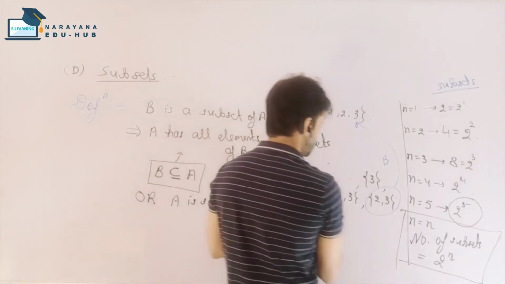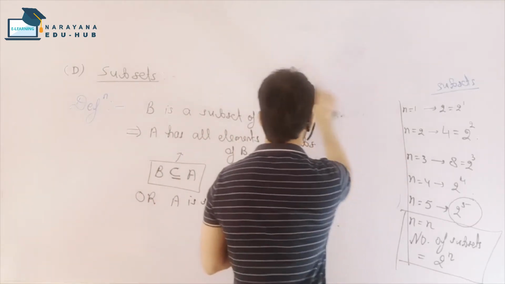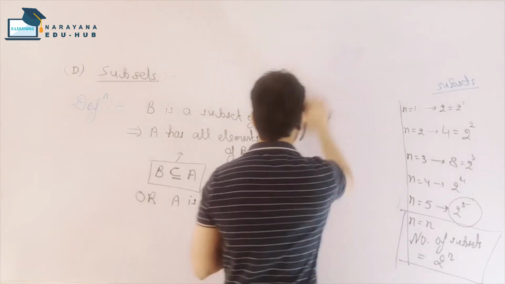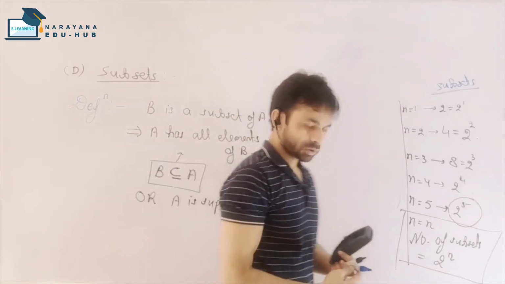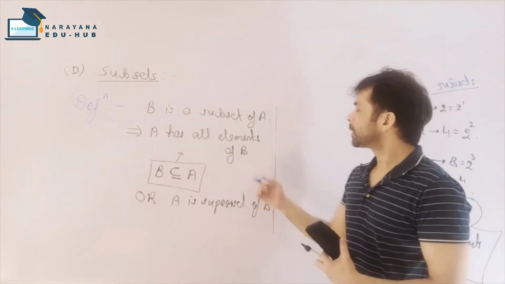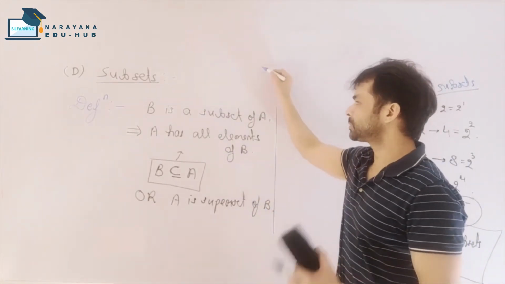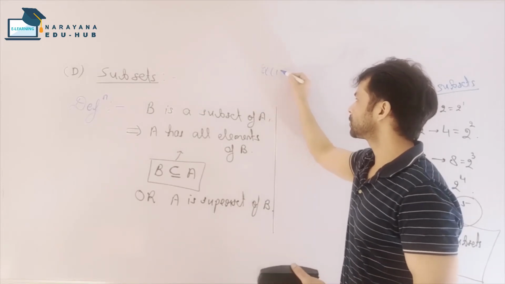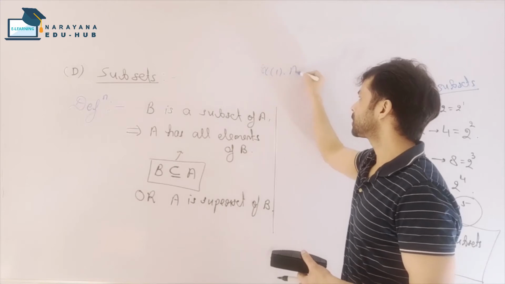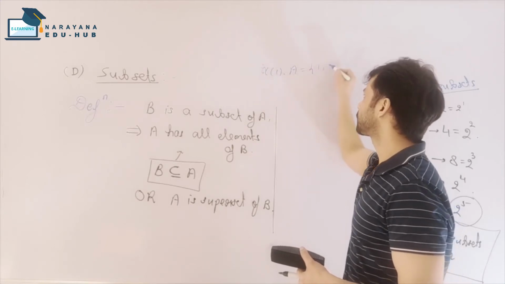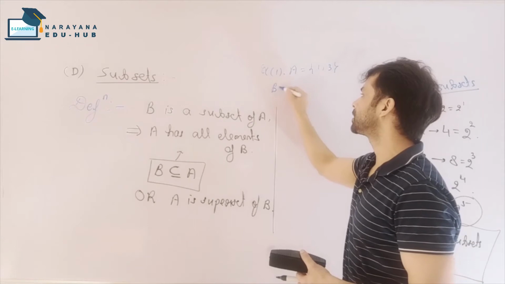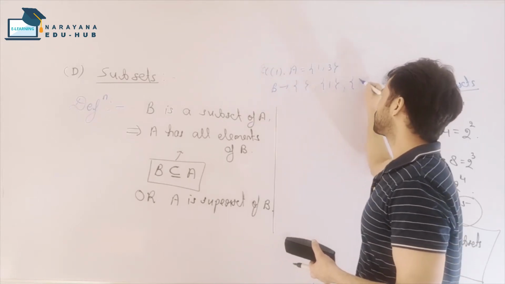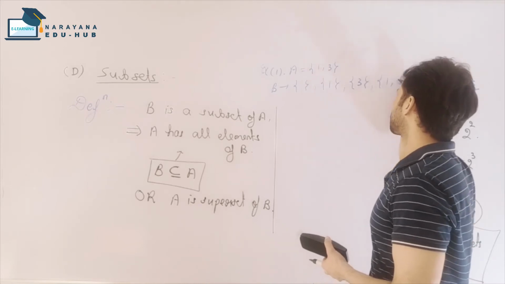We have seen this example just moments before. If A is {1, 3}, then B can be phi, {1}, {3}, {1, 3}.